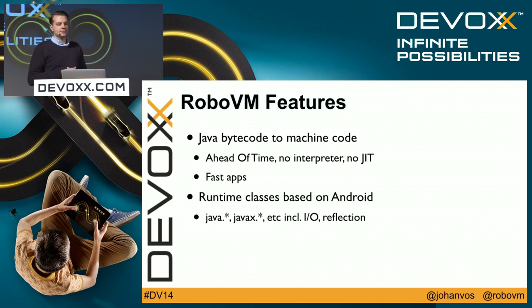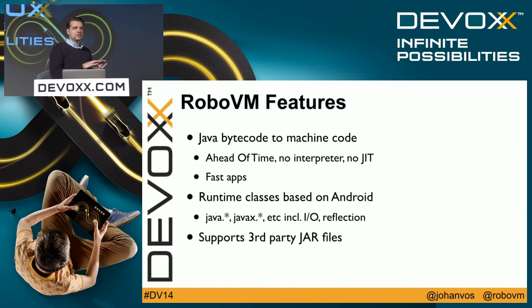And they come from Android. So you can do file I/O, networking. We also have full support for reflection. So this means that, in principle, anything that can be run on Android can also be run on iOS using RoboVM, as long as it doesn't use any of those android dot packages that are specific for Android, like the Android UI stuff, for instance, or the location service that Johan had on a slide before.